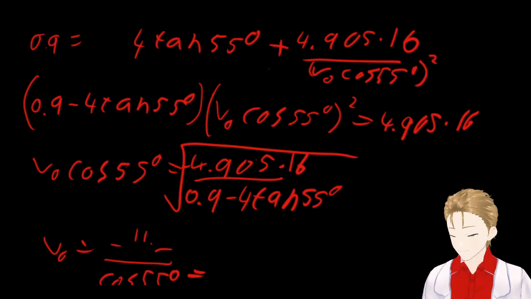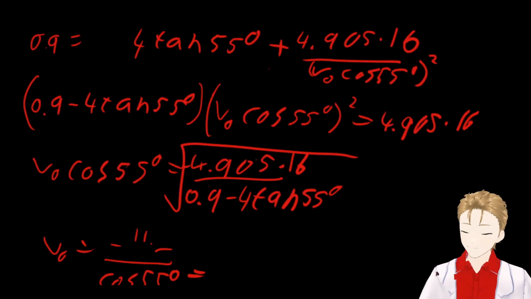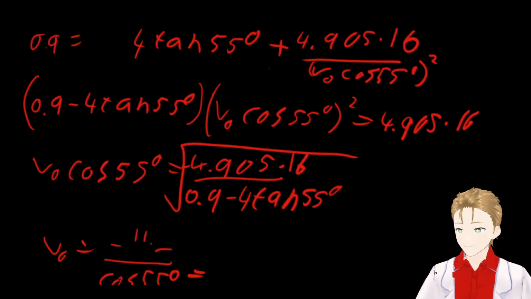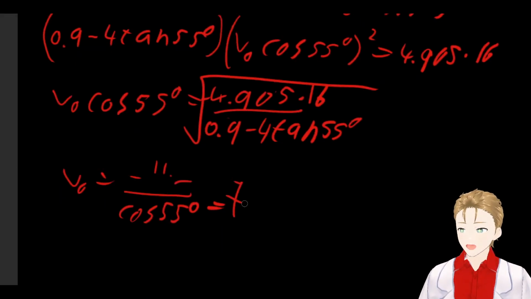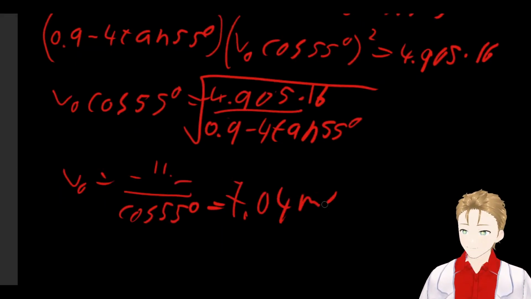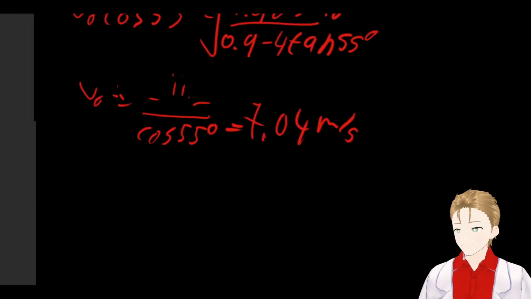So 4.03, all of that business divided by cosine of... oh, it's 7.04 meters per second, and it's correct. Oh, Jesus, it's correct. I cannot believe it.